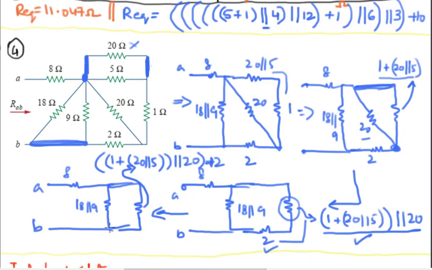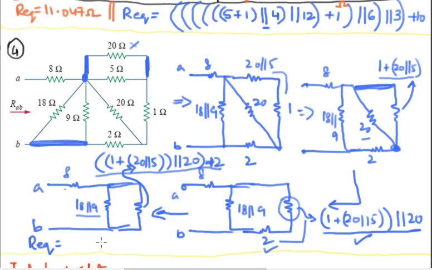And in the final two stages, what's going to happen is that you are going to take this whole resistance and take it in parallel with 18 parallel 9, and then simply add 8. So let me write it over here for your reference. You can solve it later at your convenience.